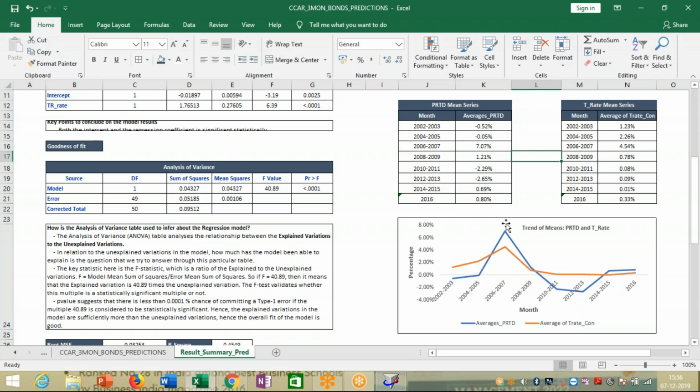So if you have a look into this part, it's not only about the averages of this PRTD.